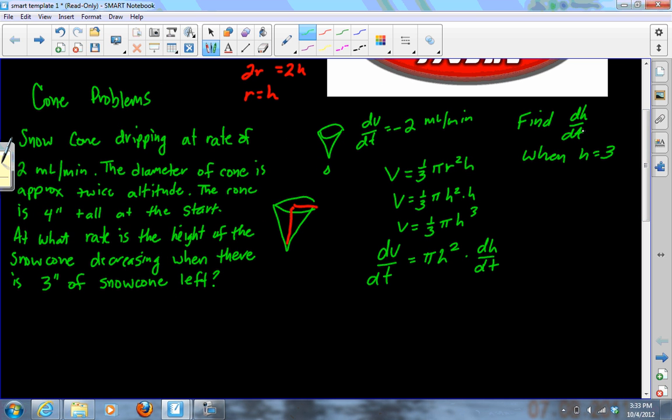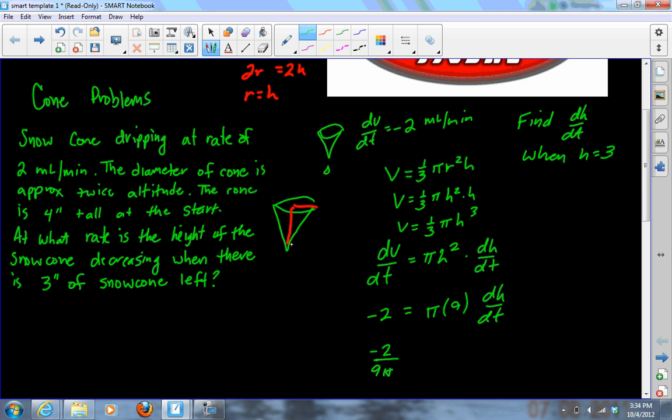So now I'm looking for dH/dt, find dH/dt, when the height is 3, and the dV/dt is -2, so I can stick a -2 in here, pi, h is 3, so h squared is a 9, dH/dt, and this is -2 over 9 pi.